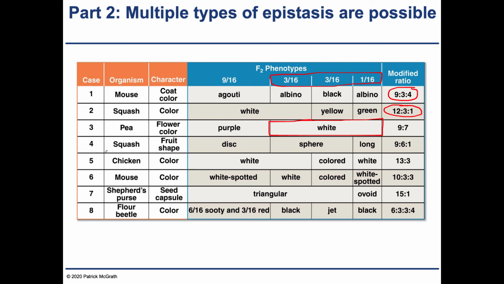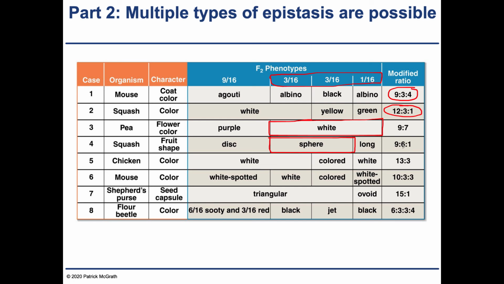Squash fruit shape can either be disc, sphere, or long. And the genetics for this is that you group together these two categories, and so you get a 9:6:1 ratio. This is an example of how to get a 13:3 ratio in chicken. So these are all real life examples. You can see that genetics is often very complicated.